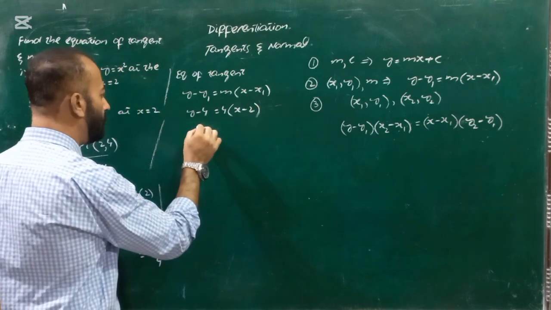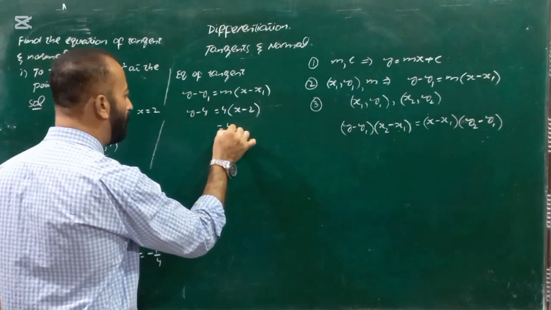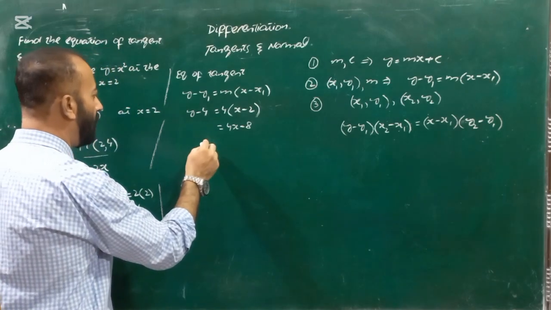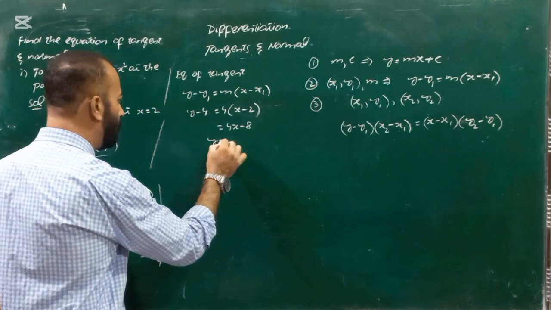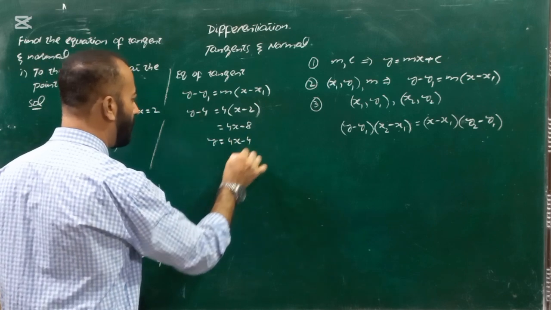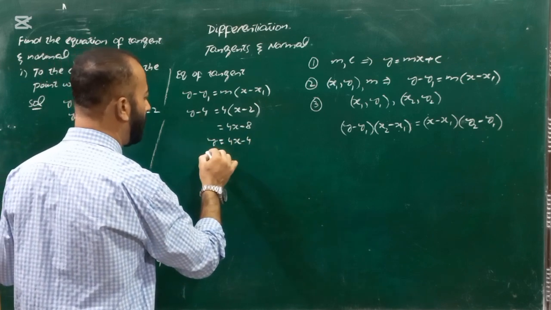So solve it now, it will be equal to 4x minus 8, and from here y will be equal to 4x. This 4 will go to the right side. So this is the equation of tangent.